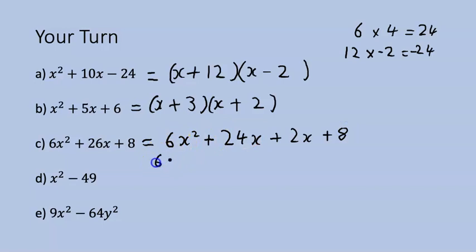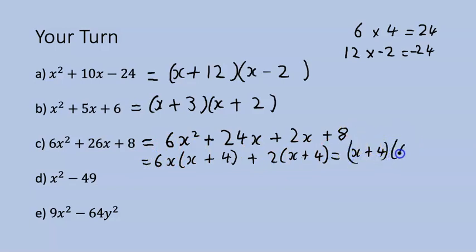So I've got 6 and then an x, and here I've got x plus 4, plus 2 multiplied by x plus 4. Therefore, I can take x plus 4 out. And what am I left with? 6x plus 2.